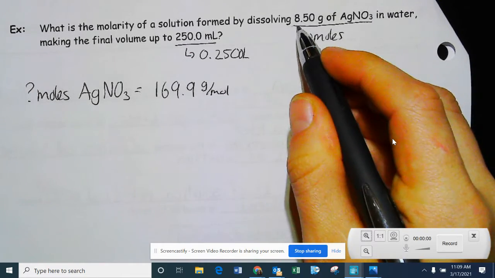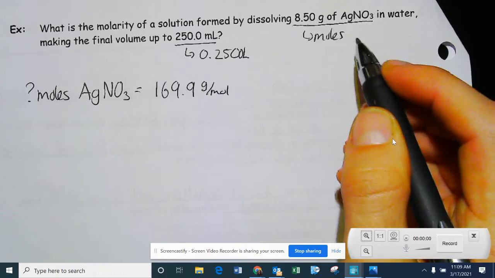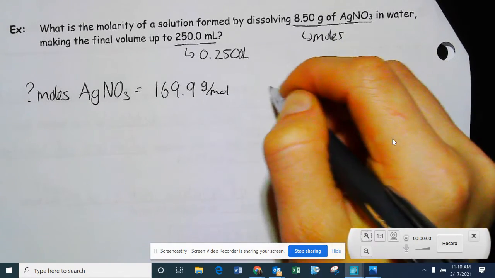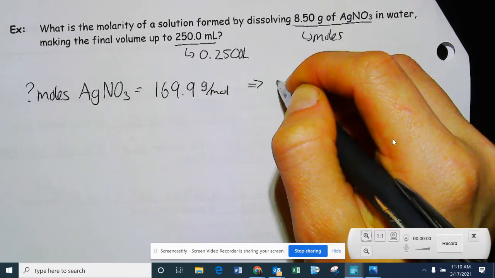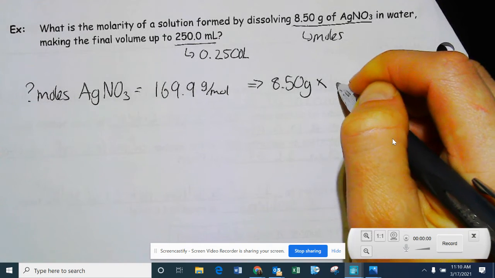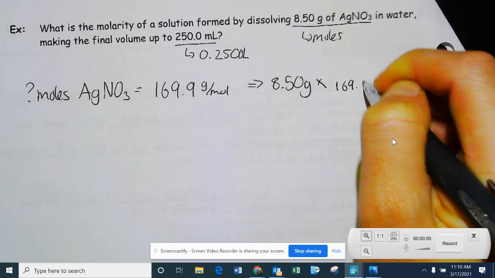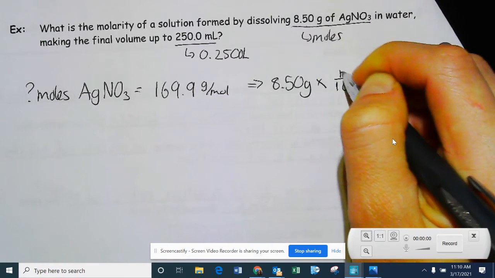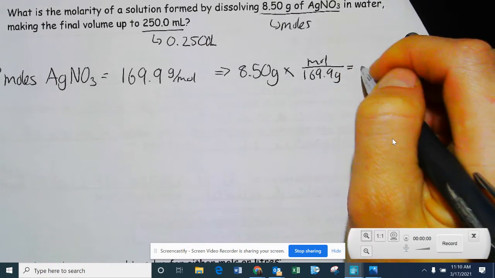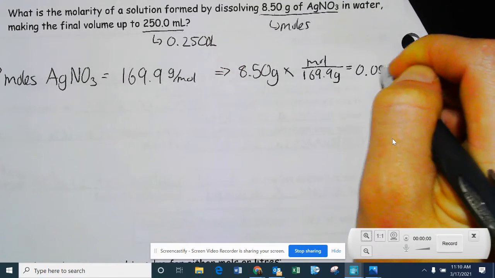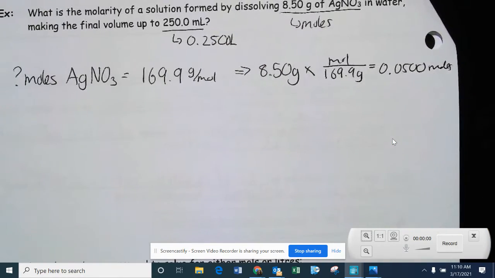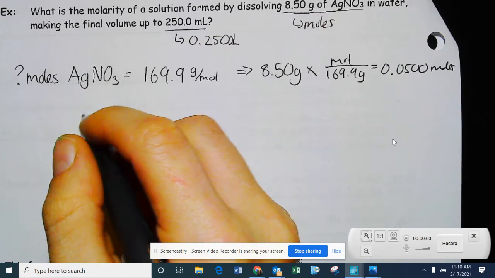So if I have 8.50 grams of that, the number of moles I've got, so I can do 8.50 grams times, I need my 169.9 grams on the bottom per 1 mole, and I should end up with 0.0500 moles. Okay, so now we're going to do that concentration calculation.